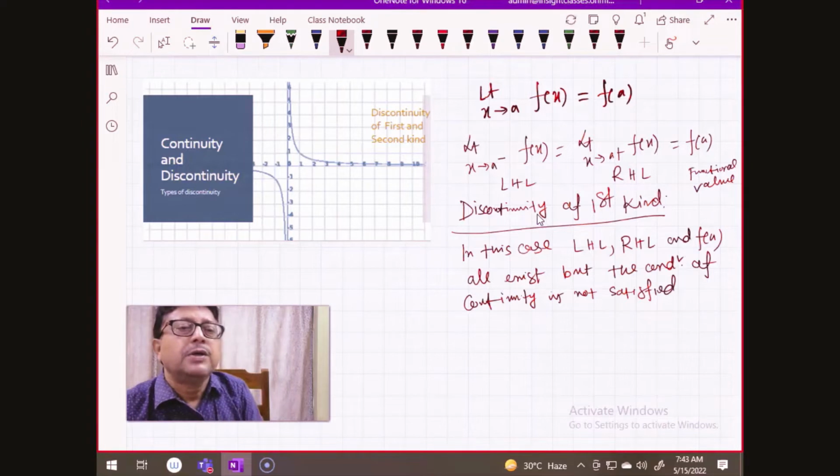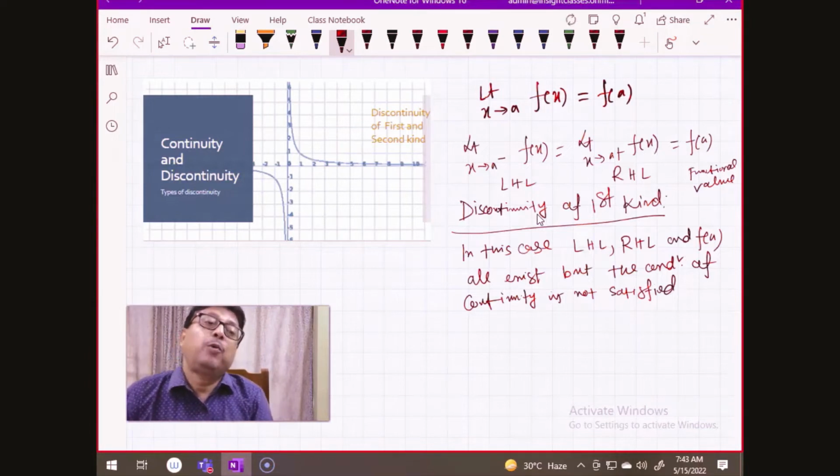It means LHL is not equal to RHL, or this is not equal to the functional value. But both the limits exist.